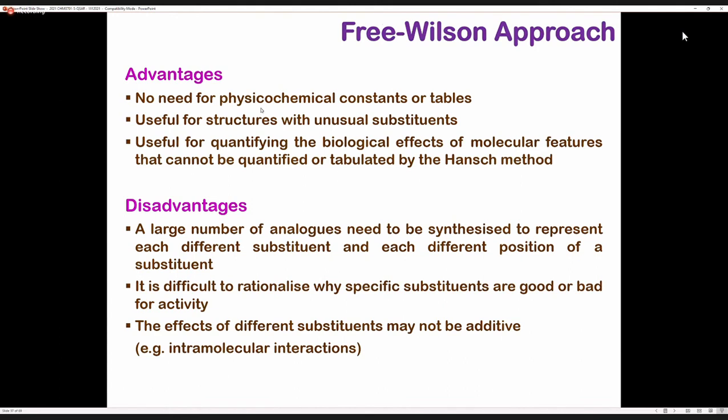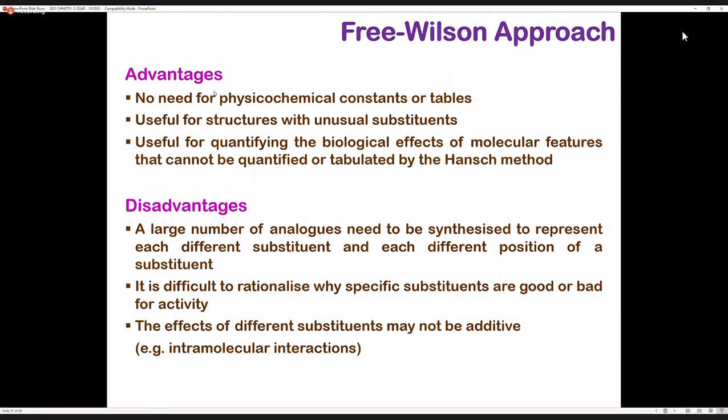Okay, so the Free-Wilson, there are advantages. No need for physical-chemical constants or tables. Useful for structures with unusual substituents. Guna table senang ke? You ada list of compound on one column, and then you ada all the substituent in another column, and bila pakai Excel, in the end you just letak formula sama dengan sum yang semua substituent tu, dan terus keluar value basically.